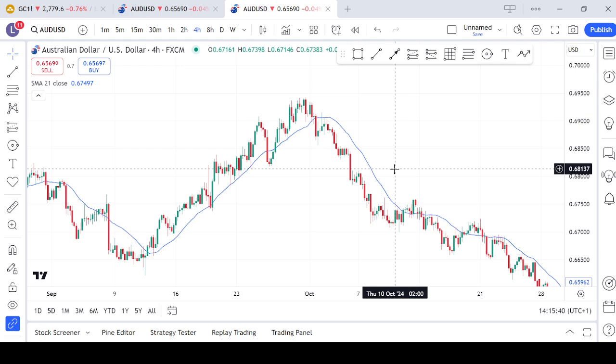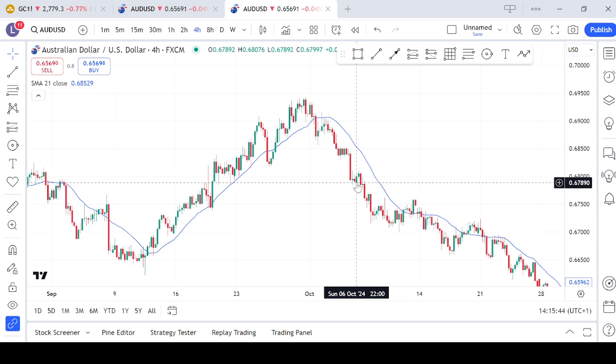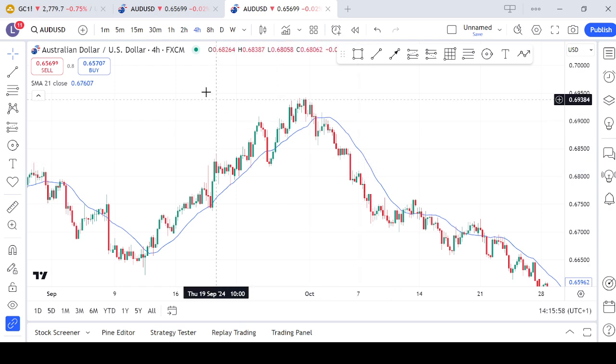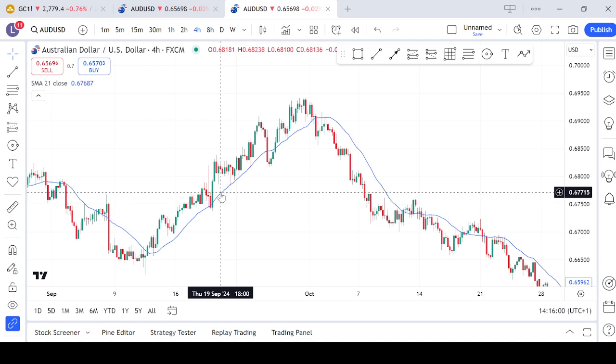The moving average works by smoothing out prices, making it easier to spot the overall direction of a trend. It's calculated by taking the average price of an asset or a currency price over a specific number of periods, like 20 days or 50 days. In this case, I'm using the 21 day period moving average.